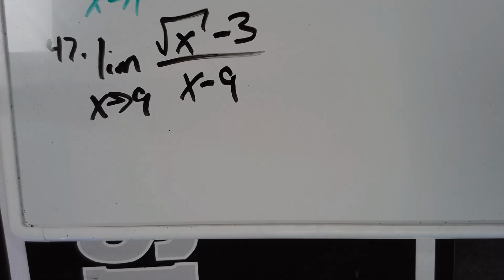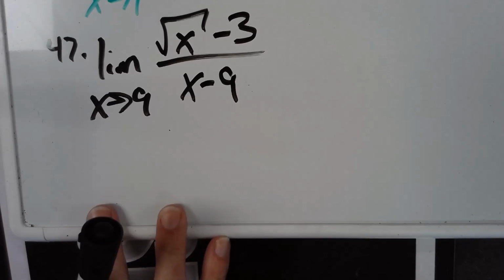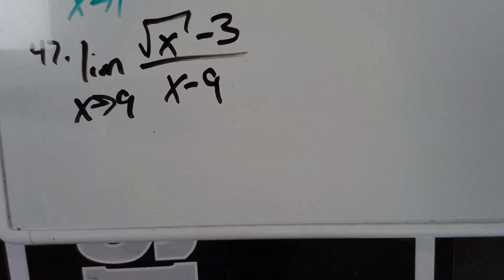Okay, so again, what's the problem here? 0 in the denominator, right? We'd love to just plug it in, but we cannot. So a little different, right? We can't square the whole thing because then you're changing the function.